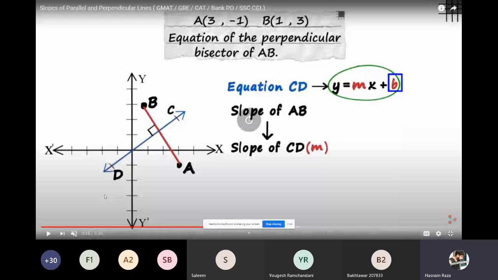उसके बाद क्या बोला उसने कि we have to find the y-intercept. तो y-intercept के लिए हमें क्या मालूम करना पड़ेगा? मिड पॉइंट ऑफ AB.